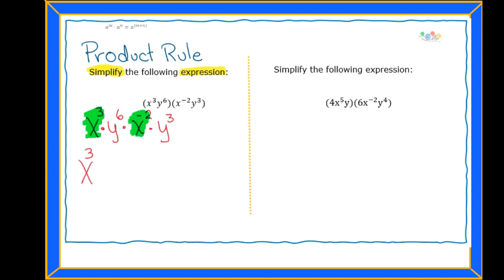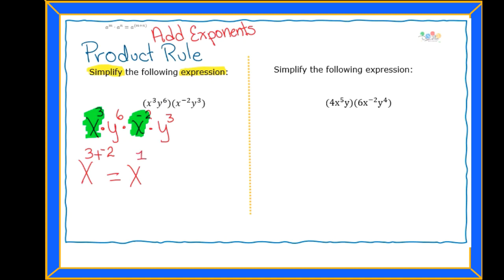The product rule says that I need to add the exponents. Very good. So my exponent is a 3, and I'm going to add the negative 2. Is that right? That gives me x to the first power.